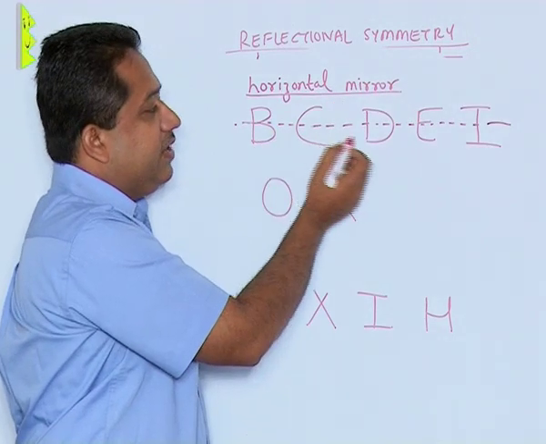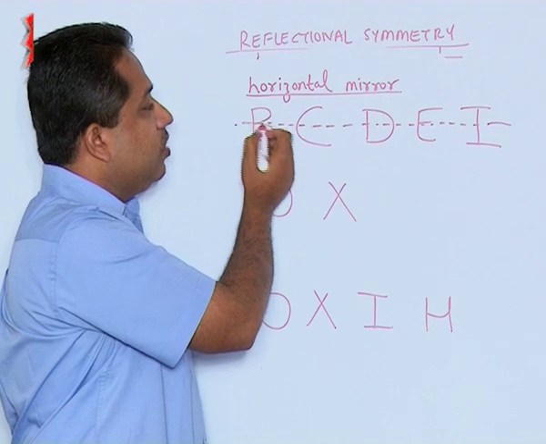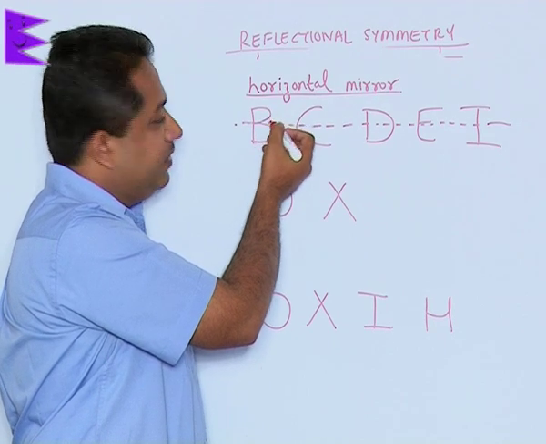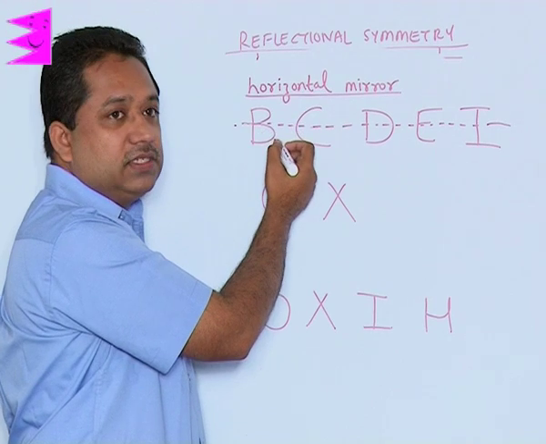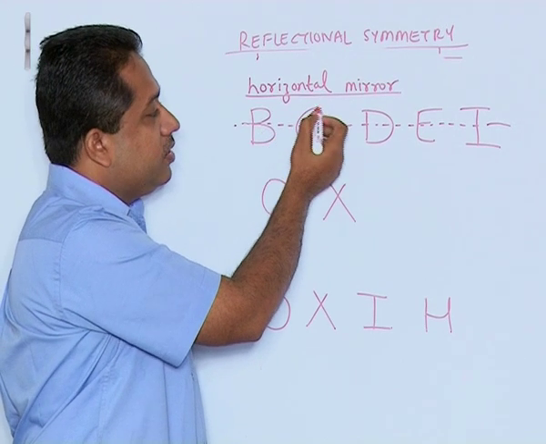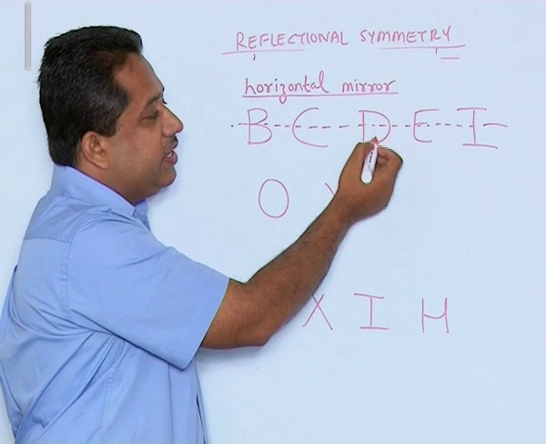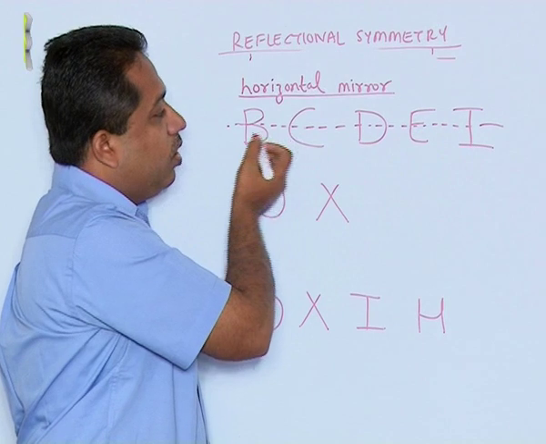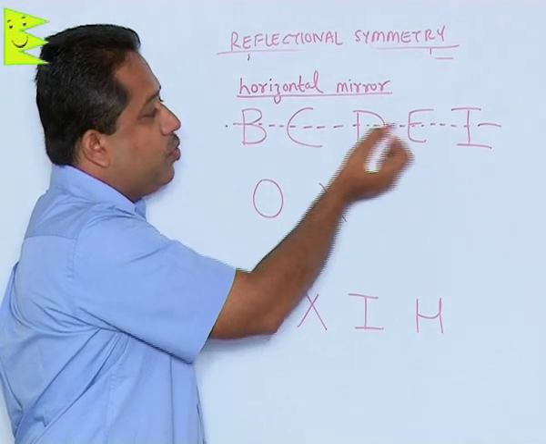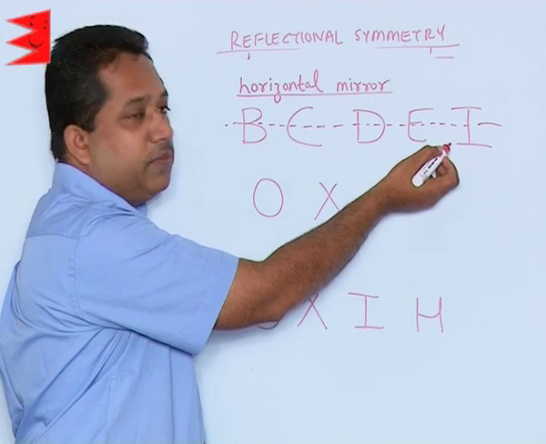We find that in these alphabets B, C, D, E and I, whatever portion is on the upper side of the line, the same portion is repeated here, and they are identical in shape and size. So they are actually congruent. In C also we find the identical, D also we find that the portions are identical, E and I, all of them: whatever is on the upper portion of the line, the same we are going to get on the lower portion of this mirror.